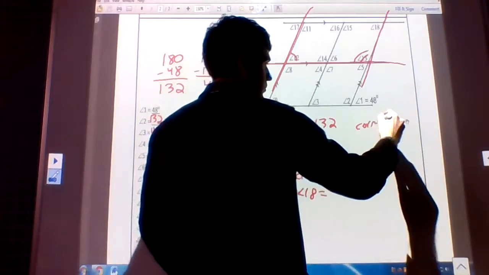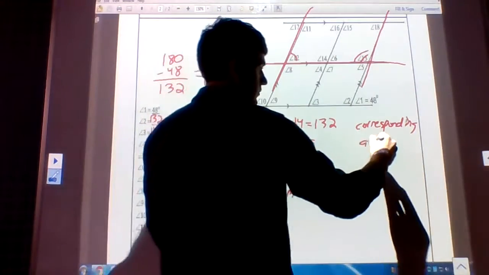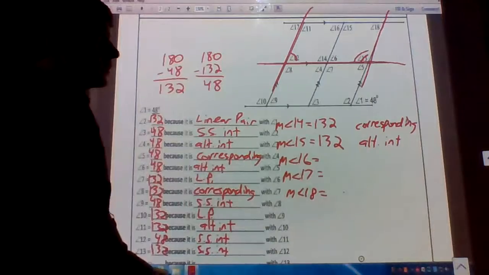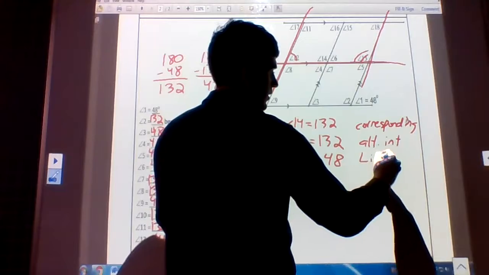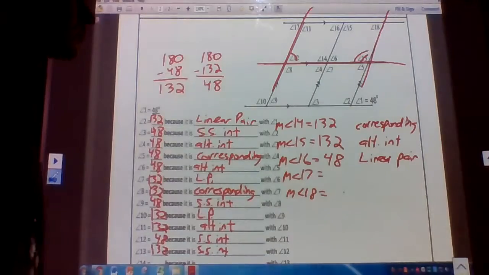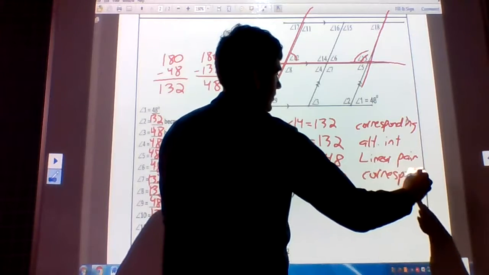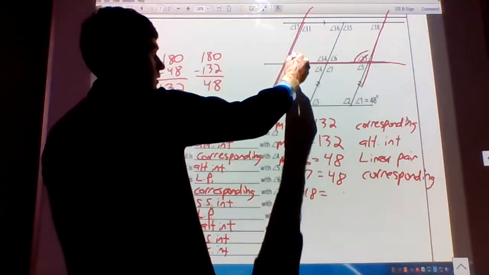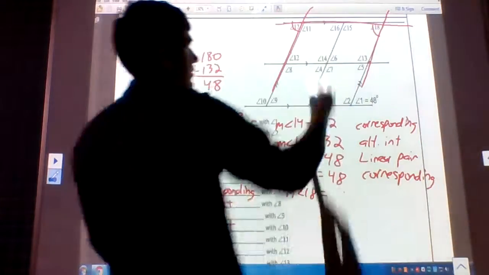Now 14 and 15 are alternate interior, so they're going to stay the same. 15 and 16 are a linear pair, so it's going to be supplementary, so it's going to be 180 minus 132 is 48. 16 and 17 are corresponding, so it's going to stay the same. And 17 and 18 are also going to be corresponding.